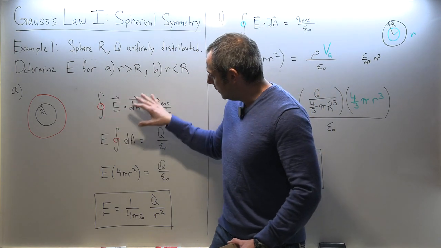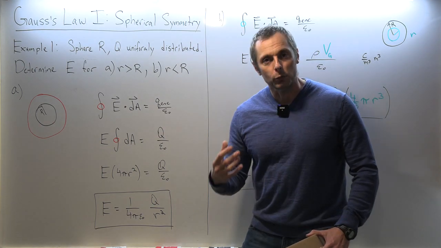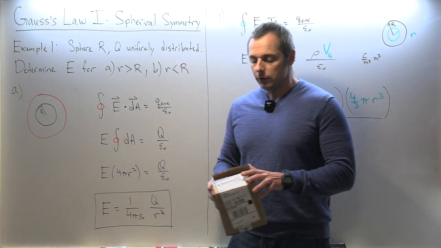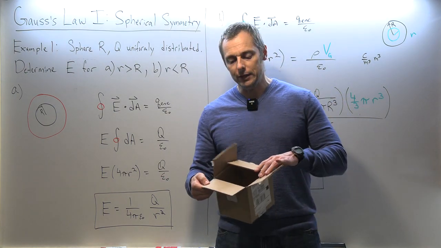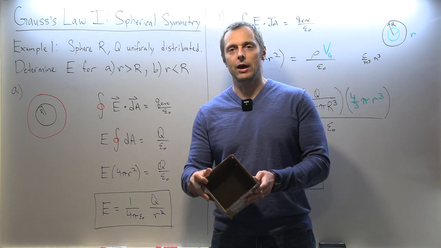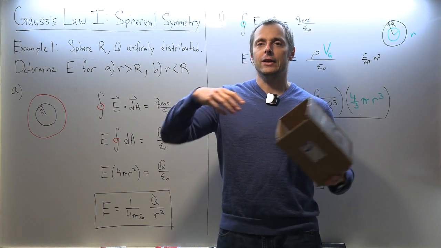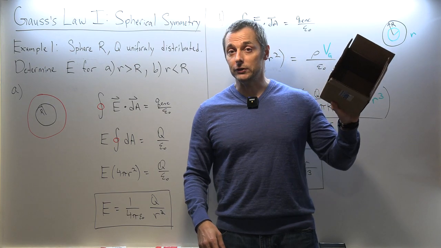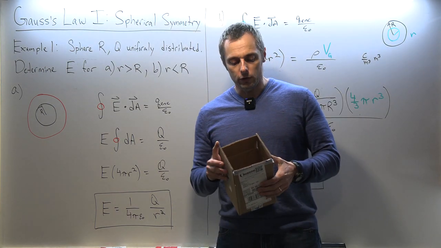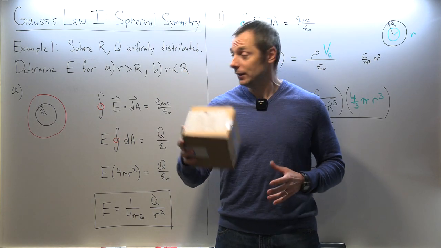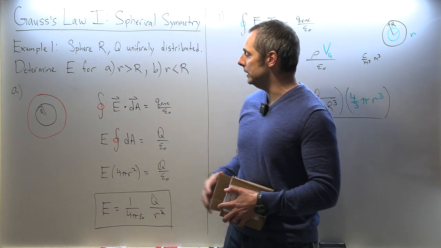Same here, all these symbols are critical to say the right thing mathematically. First of all, this closed circle means the surface has to be closed off. Right now, this is not an adequate Gaussian surface because this inside is open to the outside universe. Only when you close this up and seal it off can you use it for Gauss's law. It has to be closed. So that's what that circle means.